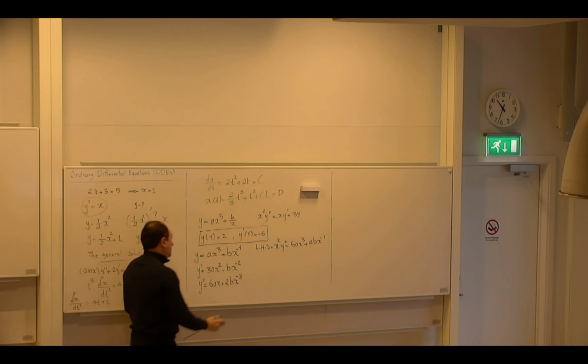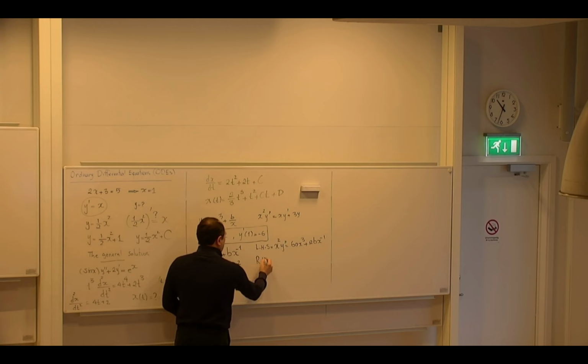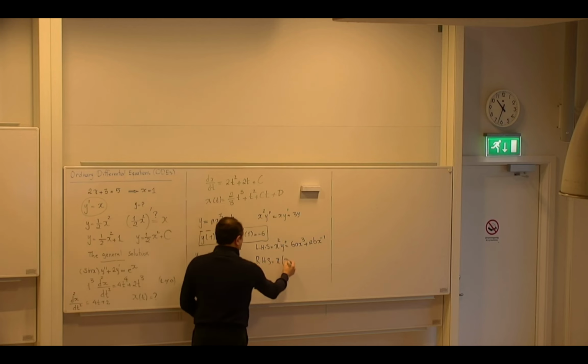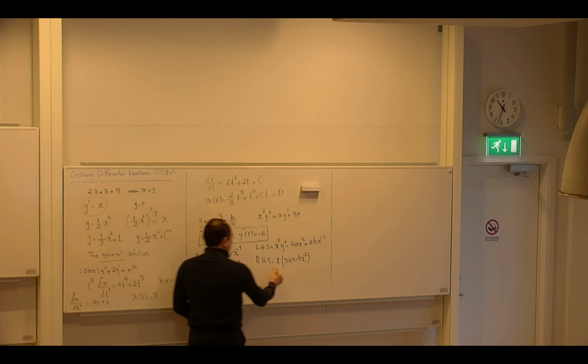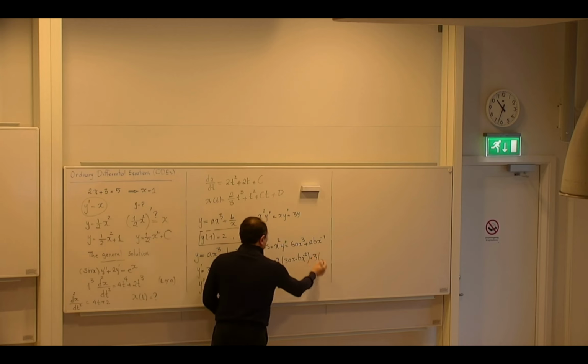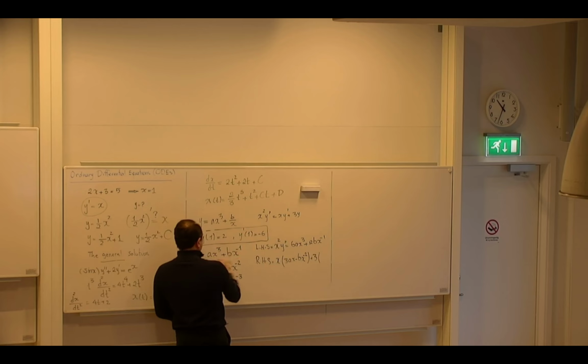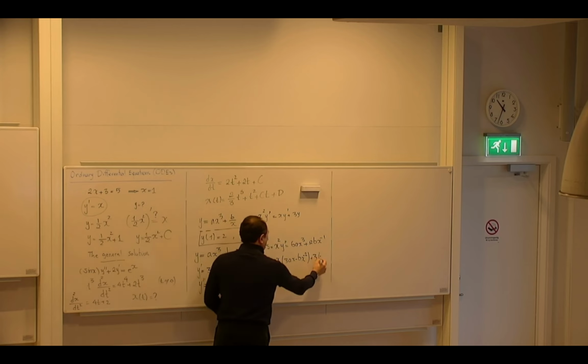And I calculate the right-hand side. So the right-hand side is x times y prime. This is my y prime. And then plus 3 times y. This is y itself, so it is ax cubed plus bx to the power minus 1.